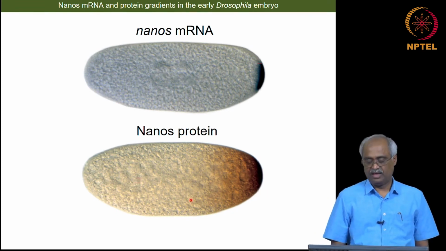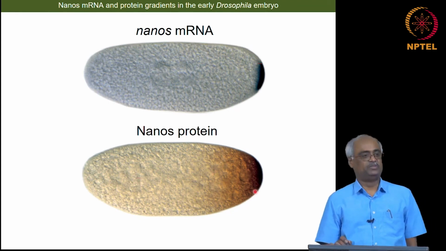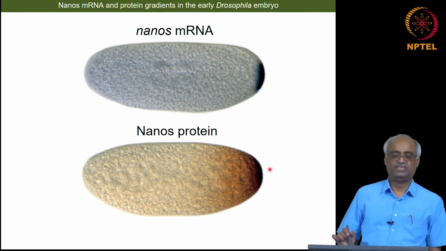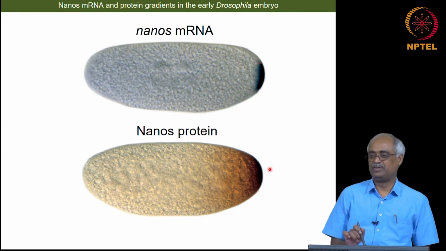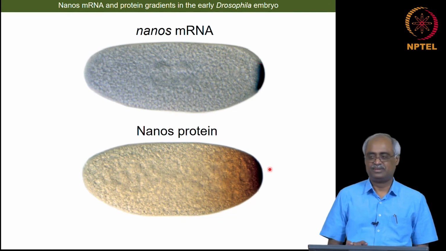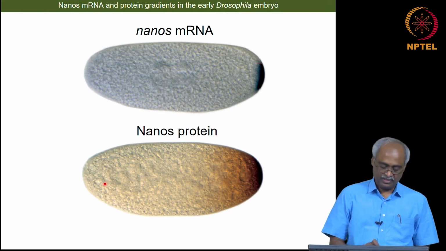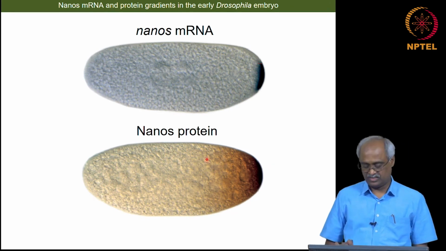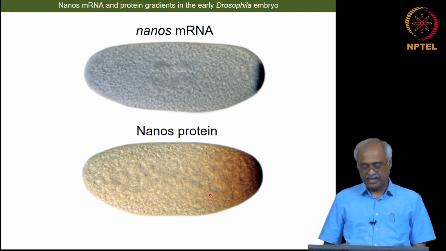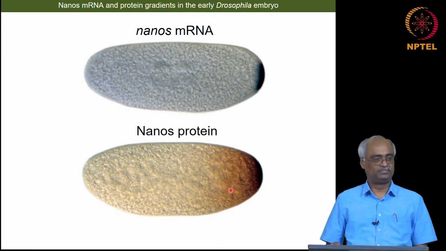Okay. And this nanos protein produced here, in collaboration with Pumilio, binds to hunchback mRNA and suppresses the translation of hunchback, and that is going to prevent the anterior structures forming here, and that allows abdominal structures to form.